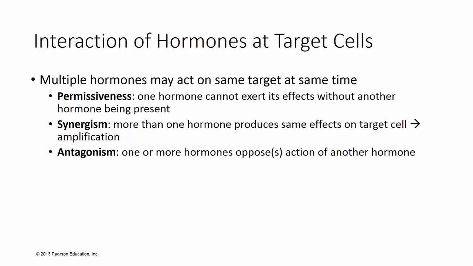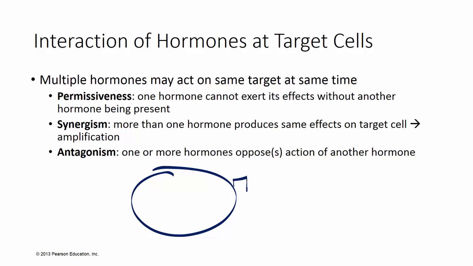Okay. All right. One more thing I want to talk about is how hormones can interact at a target cell. So when you think about a target cell, some cells only respond to maybe one type of hormone, but most cells have several different types of receptors.